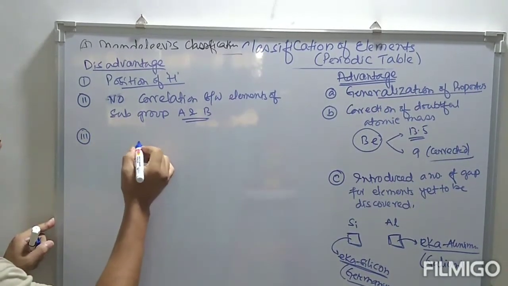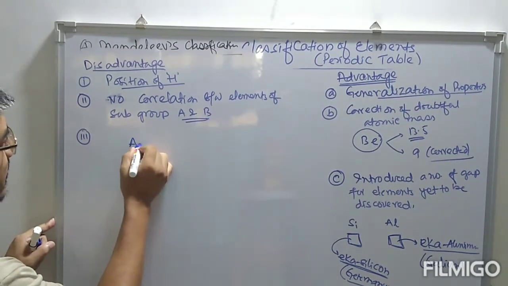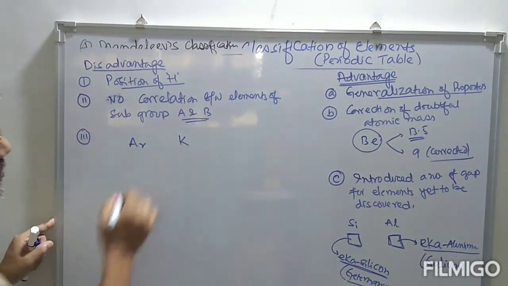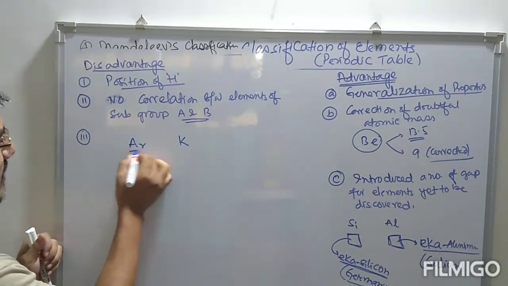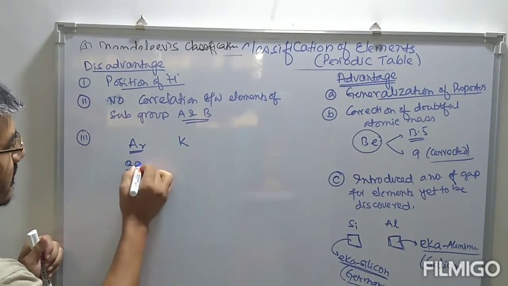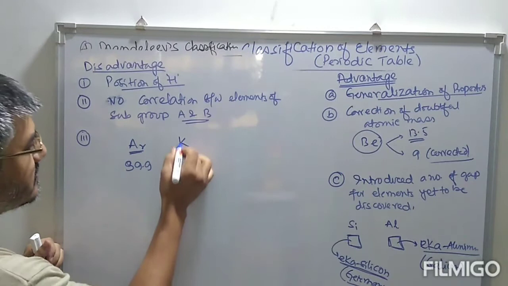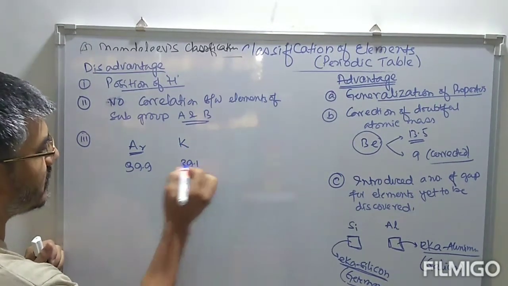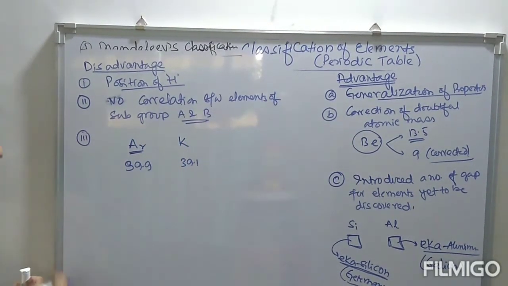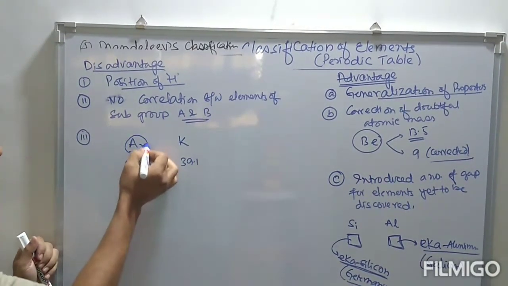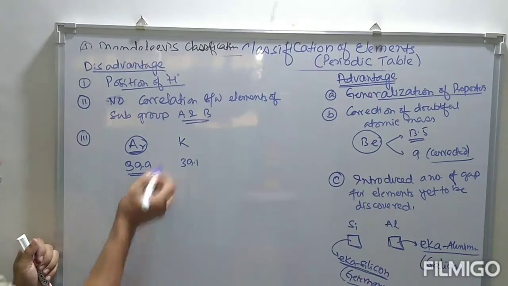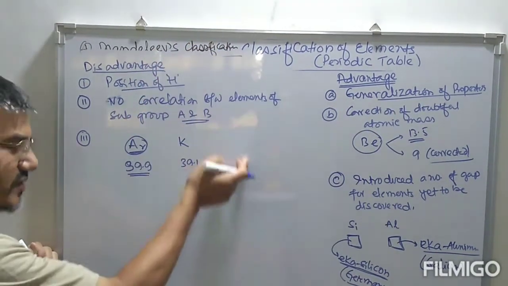So look at this: argon and potassium. The atomic mass of argon is 39.9, but potassium is 39.1. So in this classification, argon, having higher atomic mass, based on this law should be coming after potassium.